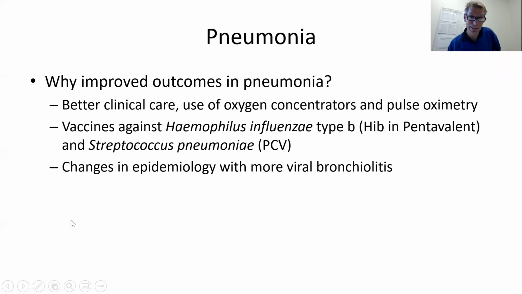But I think that does explain this change in epidemiology, and the better clinical care, the use of oxygen more liberally and pulse oximetry for monitoring, really does explain why we are seeing a lower case fatality rate. And I think the health workers have just got better at managing pneumonia.